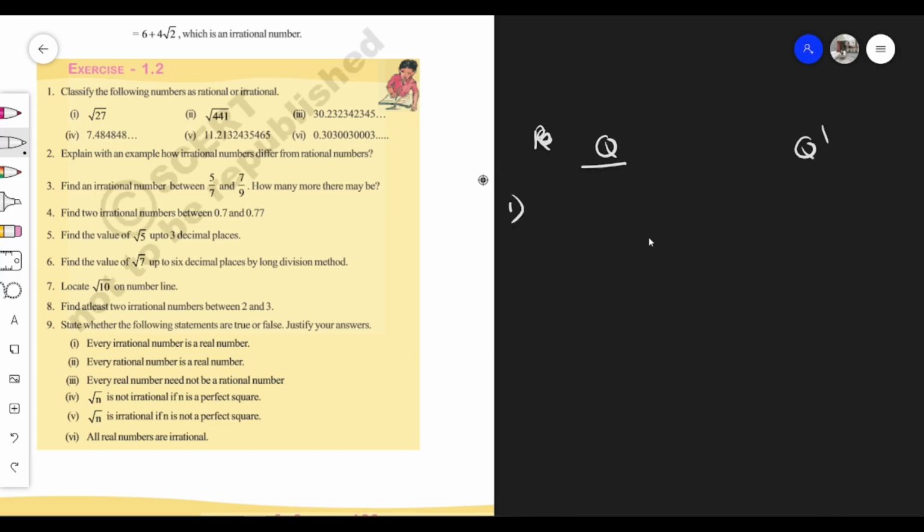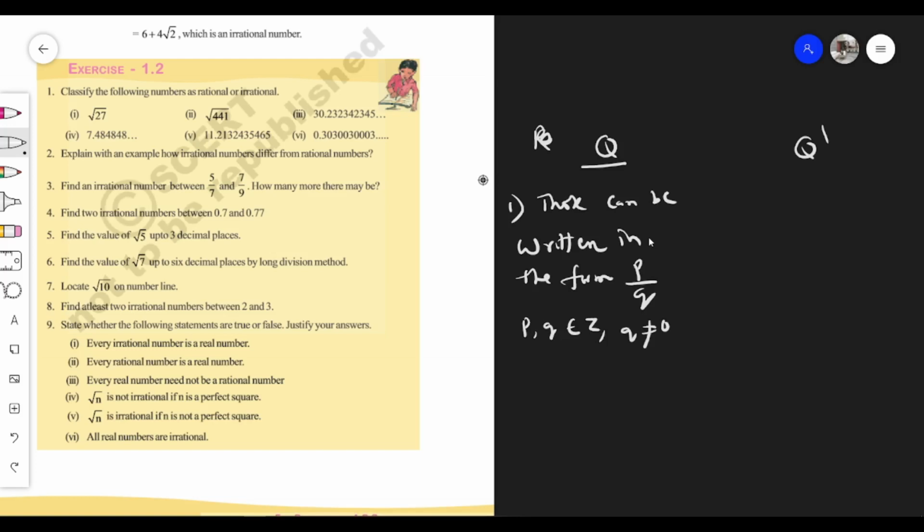These are the numbers that can be written in the form p by q, where p, q are integers and q not equal to 0. And what about irrational numbers? Those can't be written in p by q form. So you can differentiate like that. You can show the difference like that.